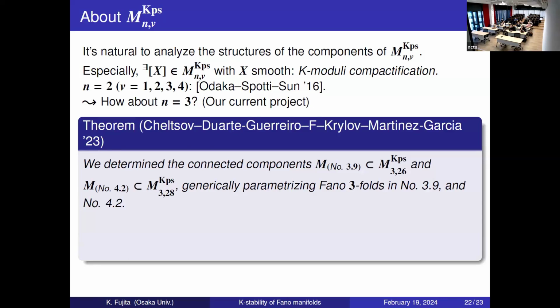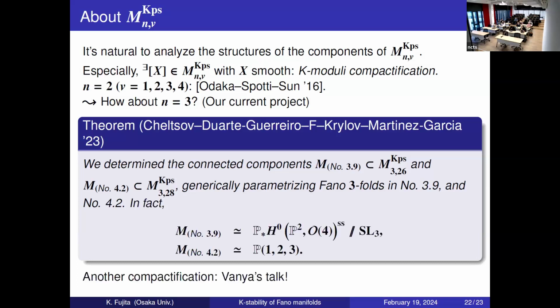Those are generically parameterized by Fano threefolds number 3.9 and 4.2. Actually, we analyze the scheme structure of them. Those can be written as a GIT quotient. And probably in the next talk, Vanya will explain another compactification. So I'm looking forward to his talk.